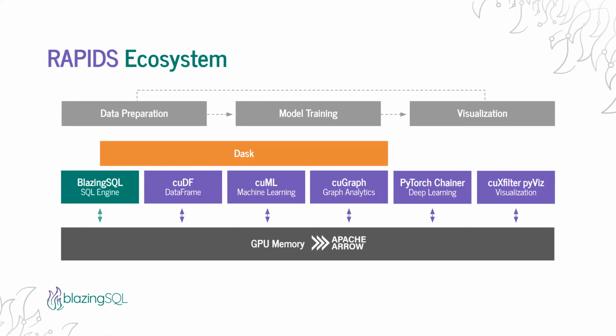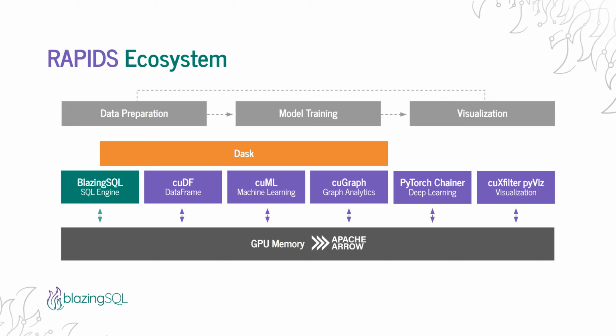That enables us to very performantly hand off data frames between all the different libraries inside the ecosystem without having to copy the data between them, without having to serialize the information between them. It just makes it a holistically more seamless experience.